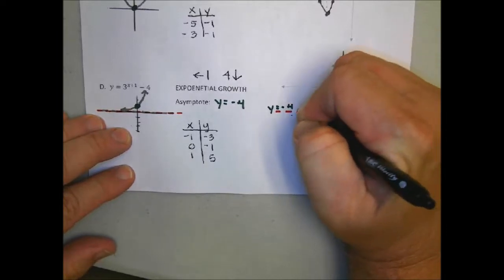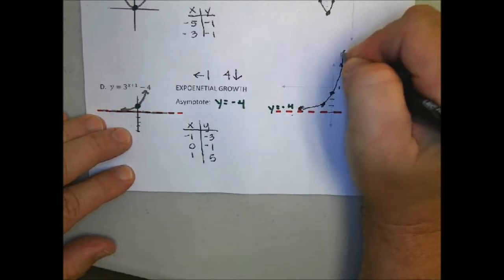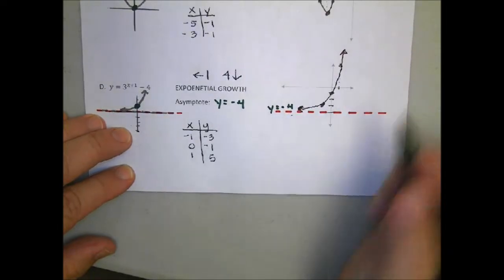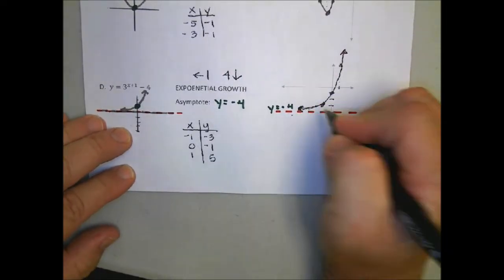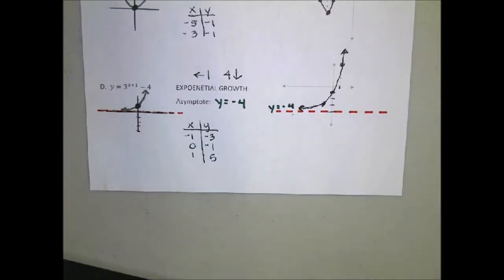Remember, it's an exponential growth graph, so to the right it keeps growing. And when it comes down here on the left, it gets closer and closer and closer to that asymptote, but it never touches it. So there you go. I believe this will get you through the first 9 problems, the first section of worksheet 2.